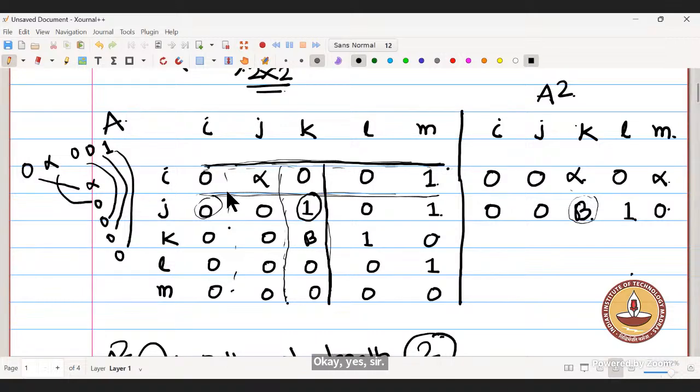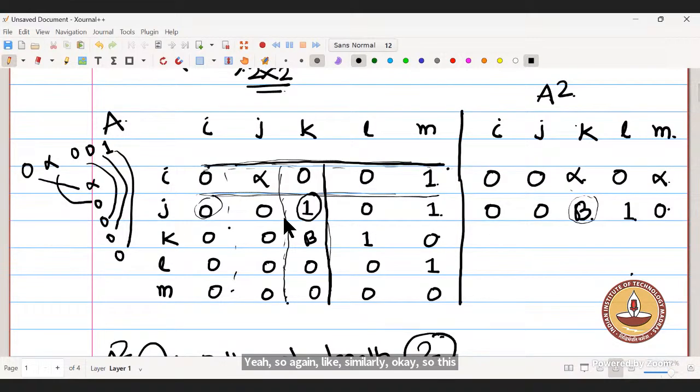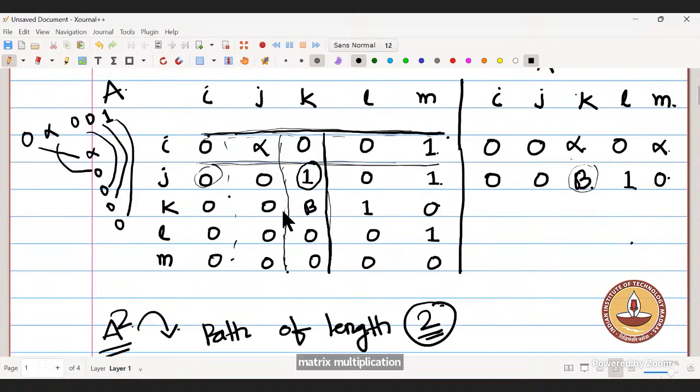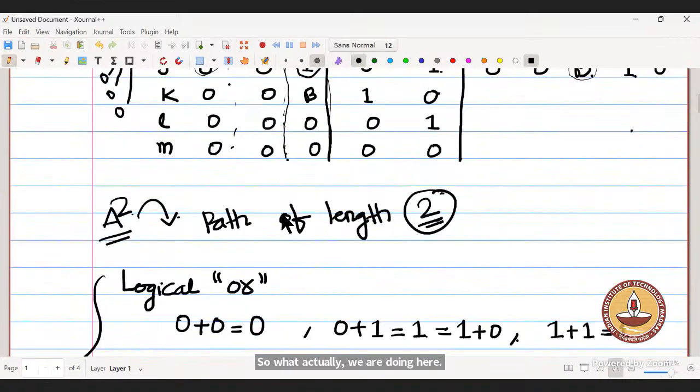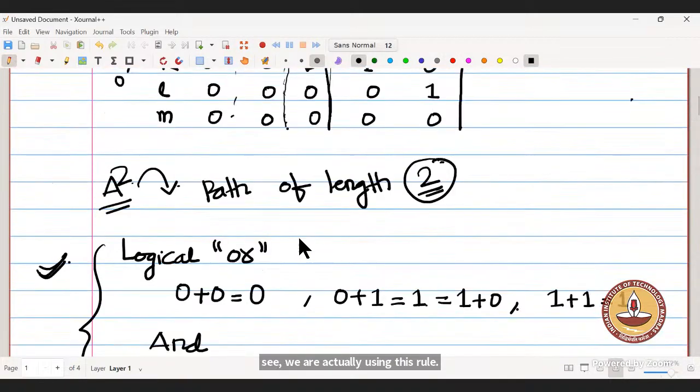So this is just a matrix multiplication. So what are we actually doing here? As you can see, we are actually using this rule, this logical operation. Okay.